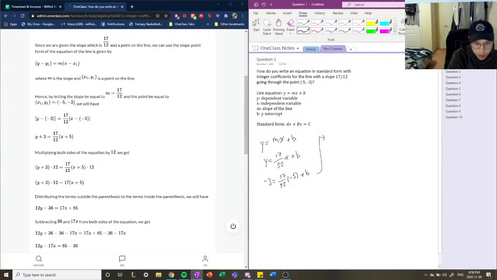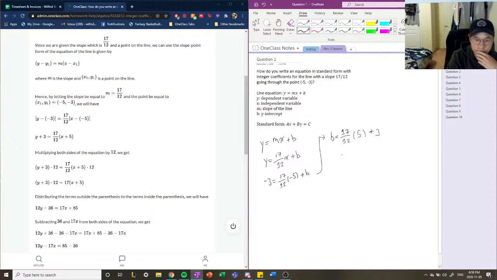Okay, so moving b to the left side and everything else to the right side, we get this. Sorry, that should be a plus. I was wondering what was going wrong here.